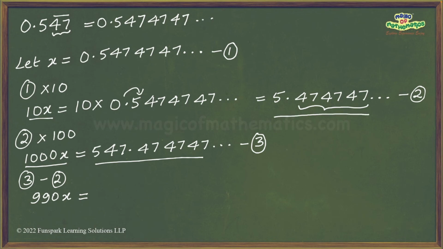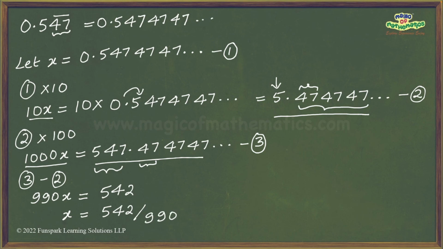And since the repeating sequence in both the numbers line up nicely, we are left with 547 minus 5, which gives us 542. 990x equals 542. So x equals 542 over 990.